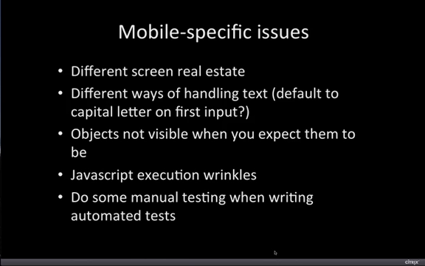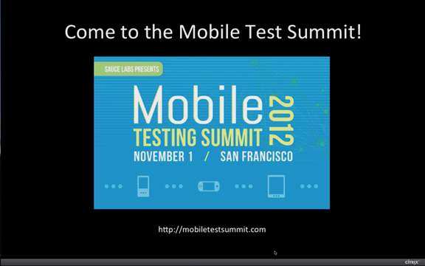For those reasons, we are putting on something called the Mobile Test Summit, which is a conference. It's a one-day conference happening in November. A lot of the people who are pushing the envelope in mobile test automation for the three different kinds of mobile apps that are out there are going to be at this conference talking about and demonstrating the technologies that they're developing to move mobile automation forward from web app testing all the way to native app testing.